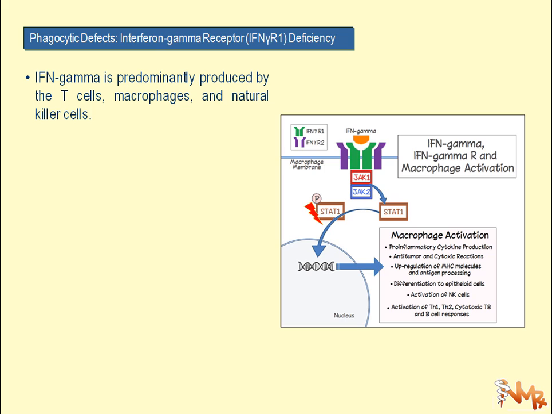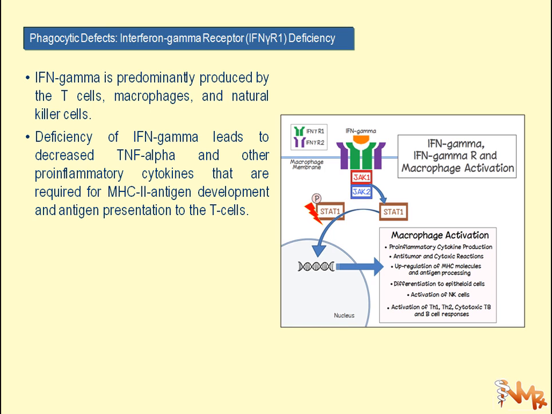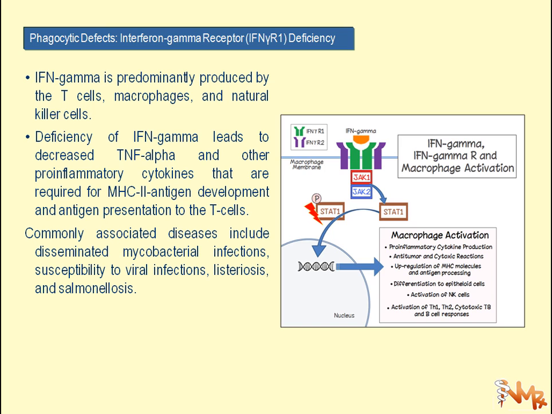As you recall, interferon gamma is predominantly produced by the T cells, macrophages, and natural killer cells. Deficiency of this interferon leads to decreased tumor necrosis factor alpha and other pro-inflammatory cytokines that are required for MHC2 antigen complex development and antigen presentation to the T cells.